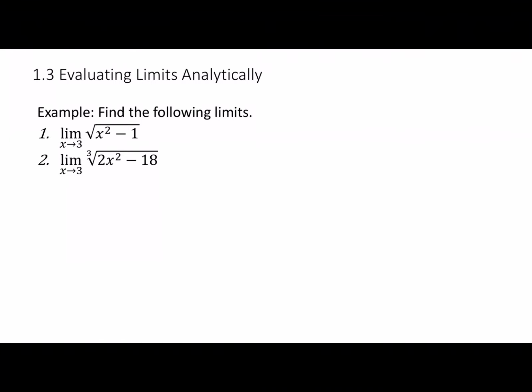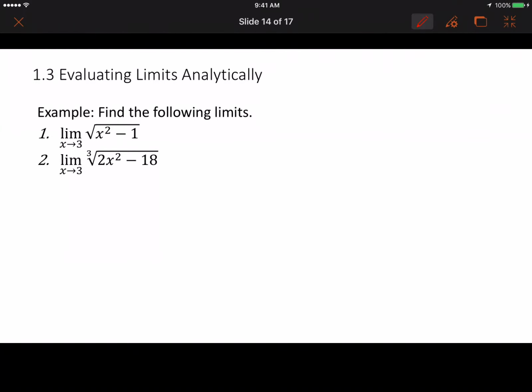Okay, so let's try applying those theorems. So the first one, I want the limit as x approaches 3 of the square root of x squared minus 1. Now inside of that is the function x squared minus 1, which is a polynomial.